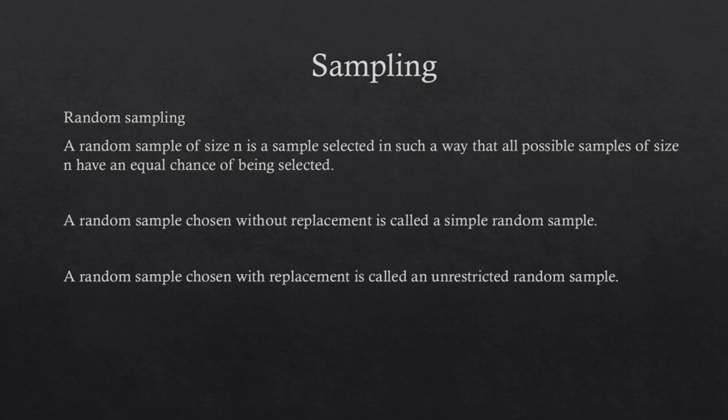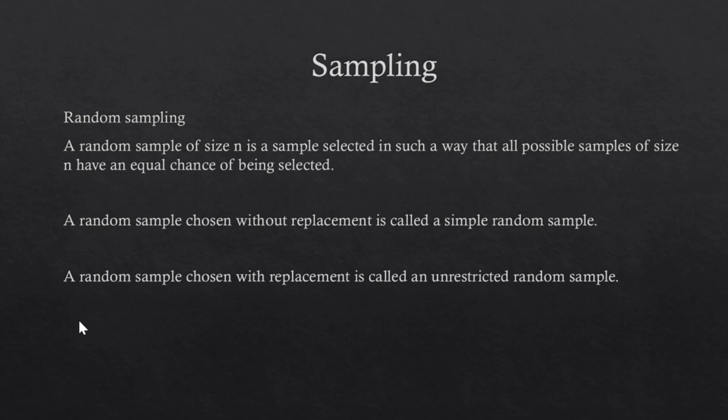Random sampling can also be further divided into two types. One is called simple random sampling, where you cannot have a replacement. For example, if you're playing a game with a group of 10 people and you need to start the game, someone has to volunteer.